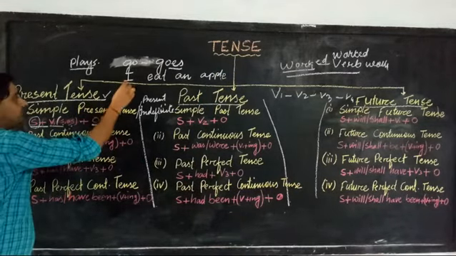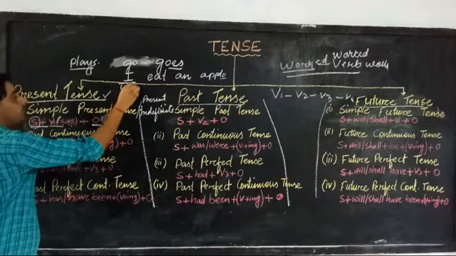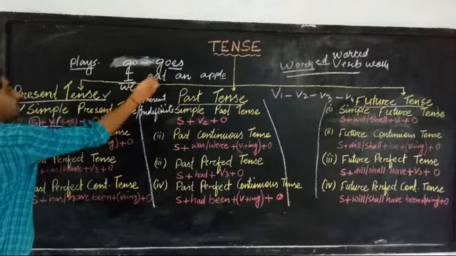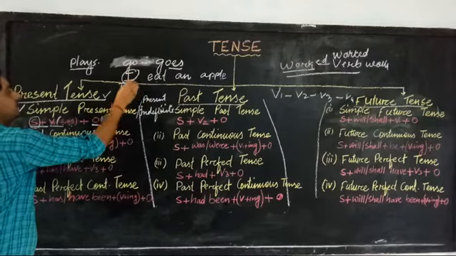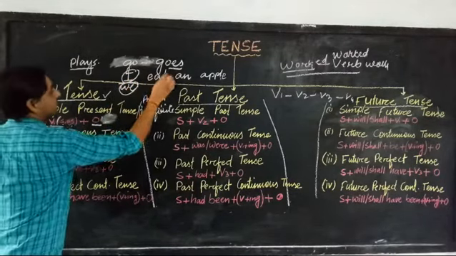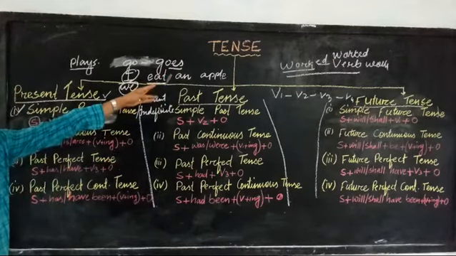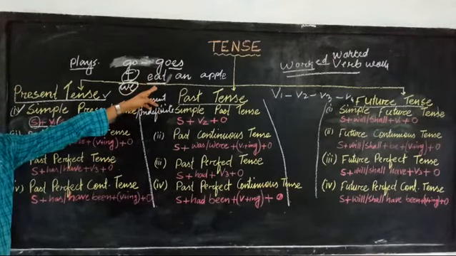Whenever you see I or we, we will not write s or es in the verb. Simply we will write the first form of the verb.